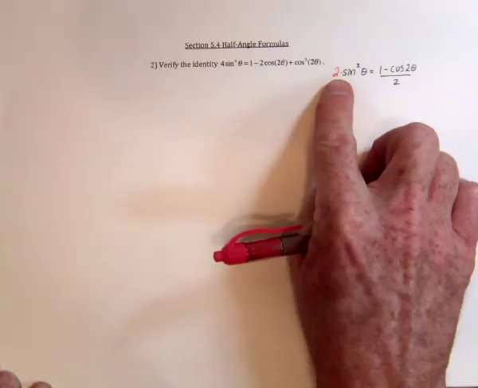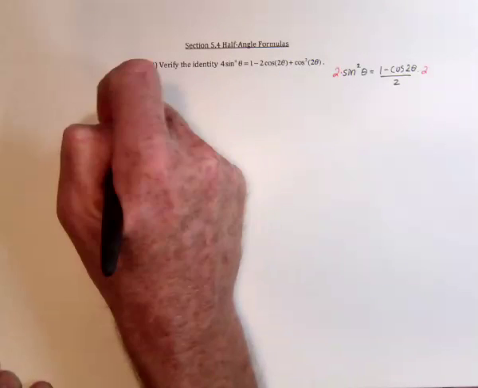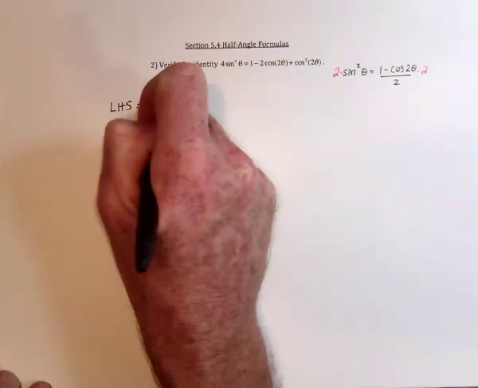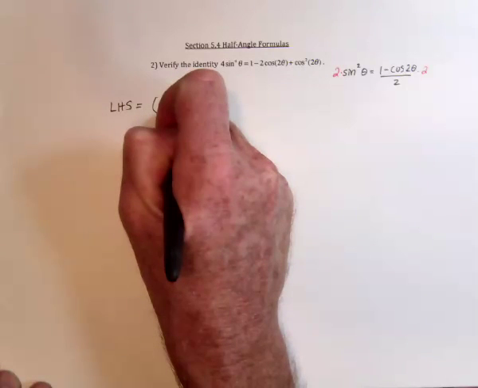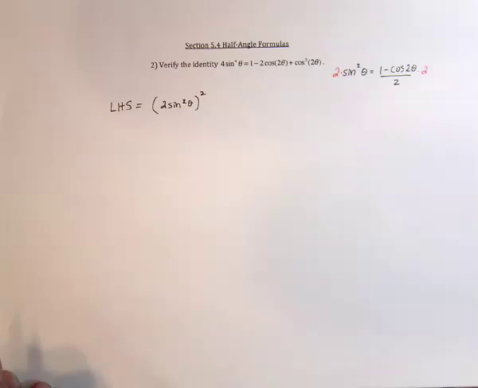So right now I multiplied this side by 2, I then need to multiply this side by 2 as well. So I've got that the left hand side can be rewritten as something squared, namely 2 sine squared being squared. So there's the left hand side.